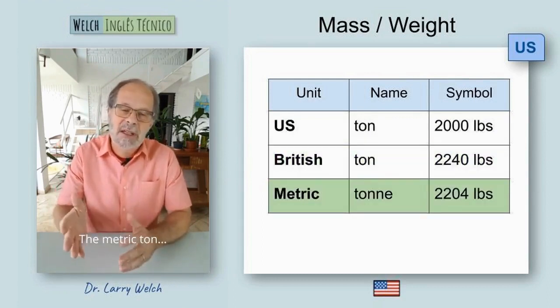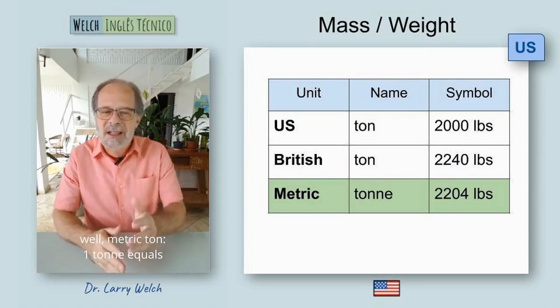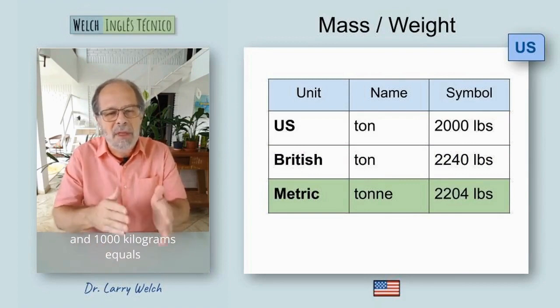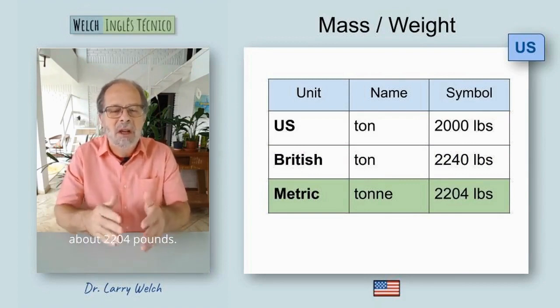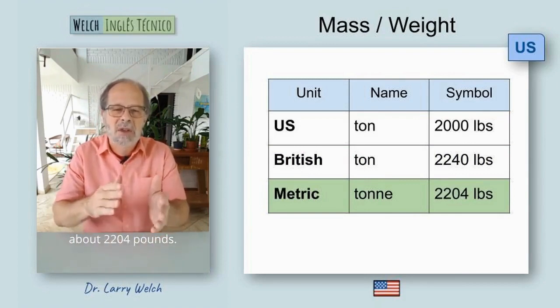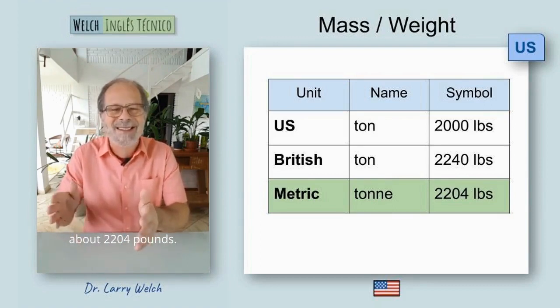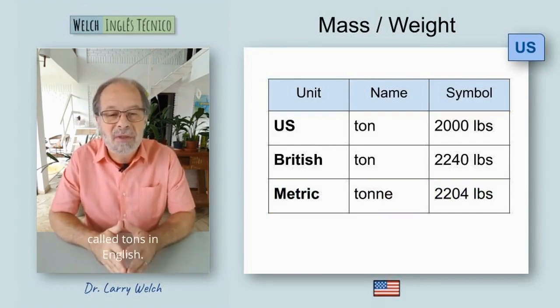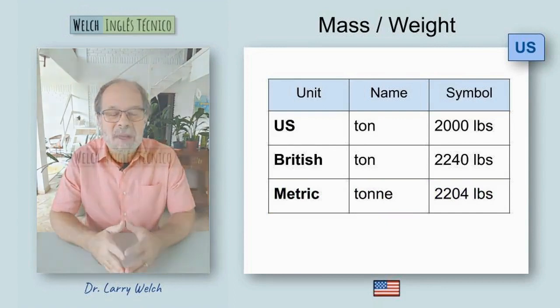The metric ton, 1 ton equals 1,000 kilograms, and 1,000 kilograms equals about 2,204 pounds. So these are 3 different units called tons in English.